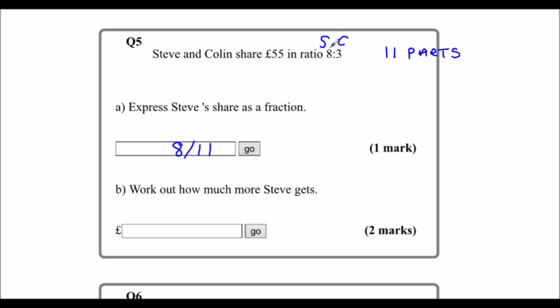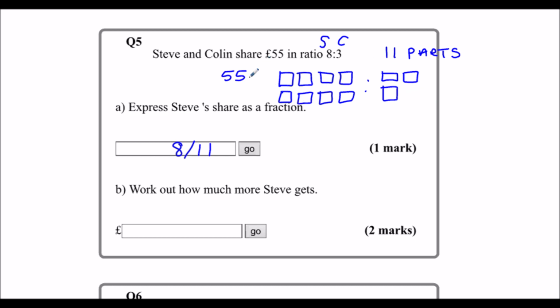So let's work out one part. So £55 shared out in the ratio 8:3. So Steve gets 8 parts and Colin gets 3 parts. So there's 11 boxes here in total. £55 divided by 11 is 5.